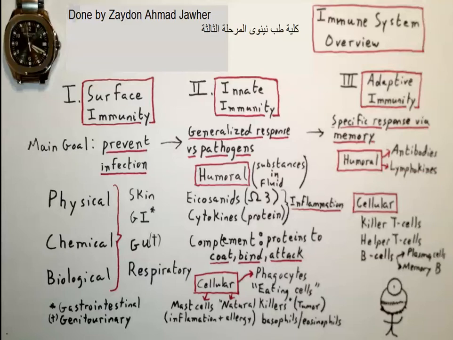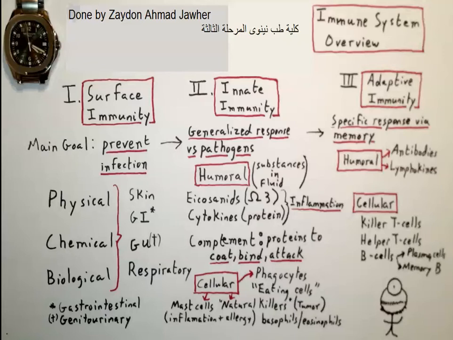We have two types of immunity. The innate immunity, which is the first and second line of defense of our body, like you see on this simple diagram I've made for you. It's so important that it acts before infection.